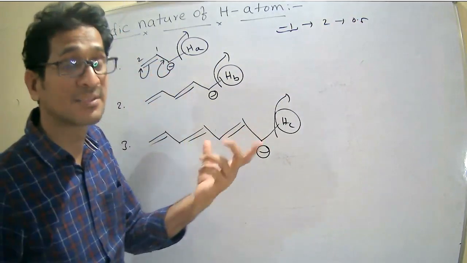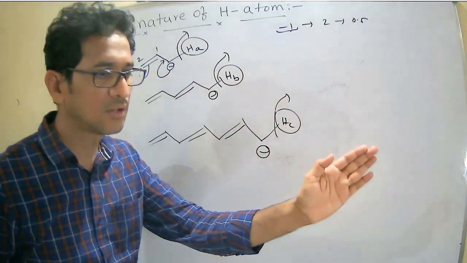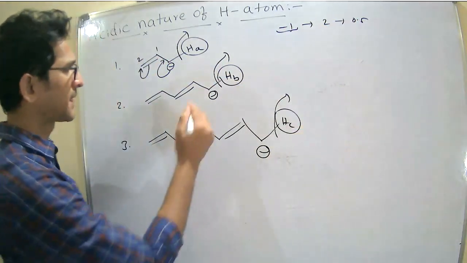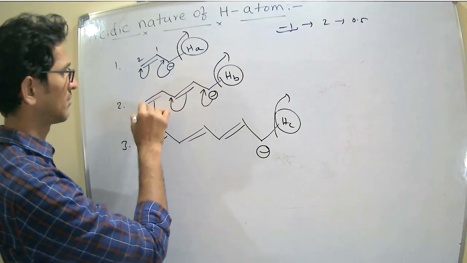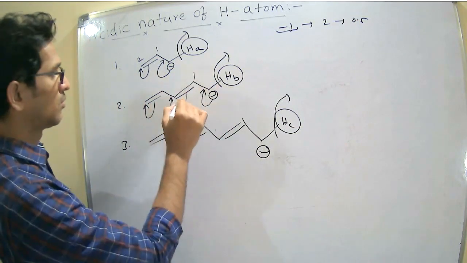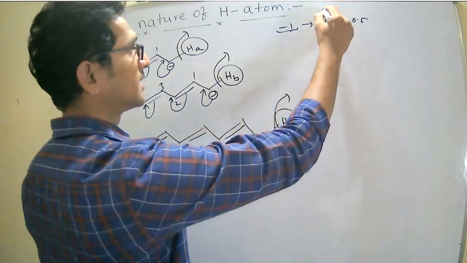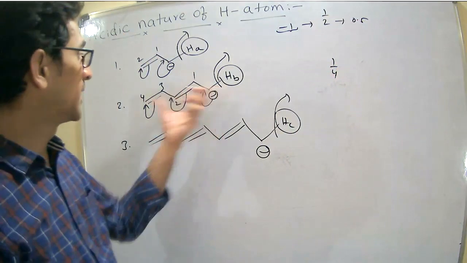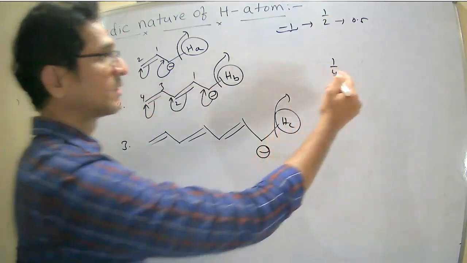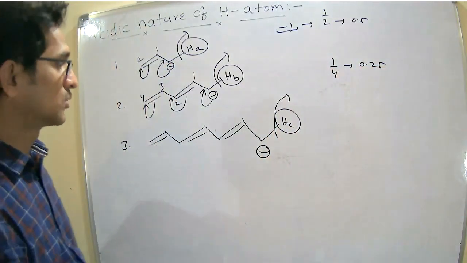Charge density decreases, meaning the same charge is dispersing through more carbon atoms. Here the number of carbon atoms increases: 1, 2, 3, 4, so it is 1 by 4, which is 0.25.